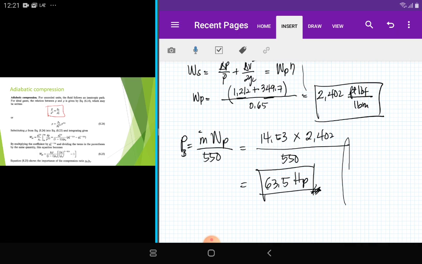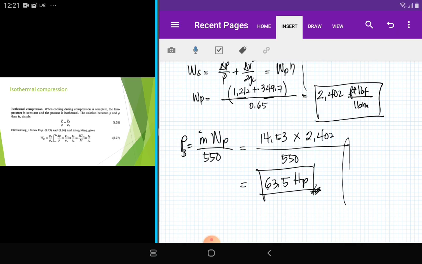And then if we want to obtain the work done by the compressor, simply manipulating this equation will obtain this equation. Now this actually shows the importance of the compression ratio. Compression ratio is equivalent to the discharge pressure over the inlet pressure in a compressor. Now remember that this equation can only be utilized for adiabatic compression.